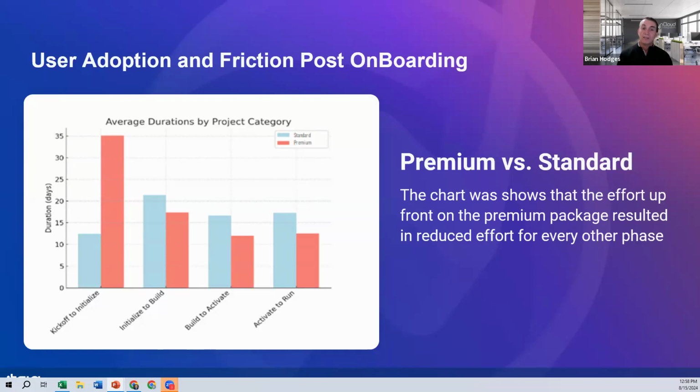But the really interesting thing, and this was something that we hadn't anticipated, that wasn't expected at all, was that when we did an analysis using the same analytics that I've shared with you already, the same basic, simple utilization tracking across the project level, we were able to leverage AI to give us insight showing that the average duration of every other phase was actually shorter with our premium package than with our standard package.